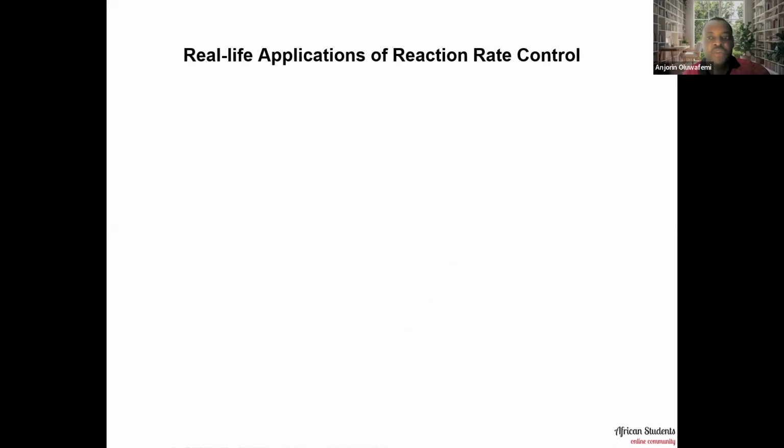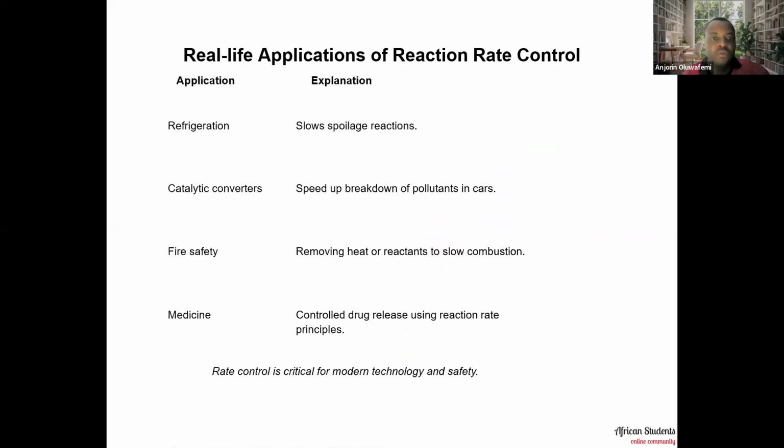Real life application of reaction rate curve. Some of the real life applications of reaction rates: number one, refrigeration, to slow spoilage reactions; catalytic converters, to speed up breakdown of pollutants in cars; fire safety, removing heat or reactants to slow combustion; then medicine, controlling drug release using reaction rate principles.